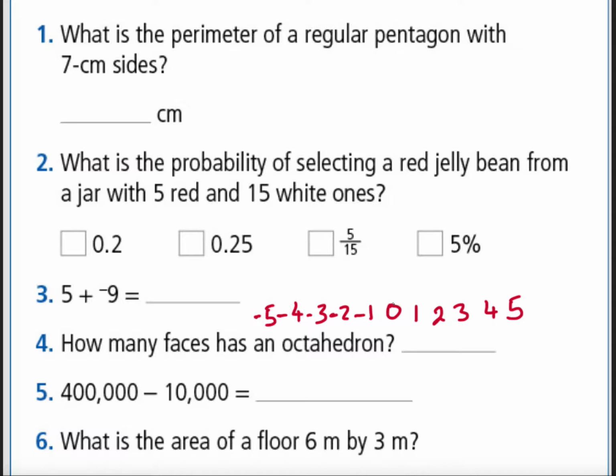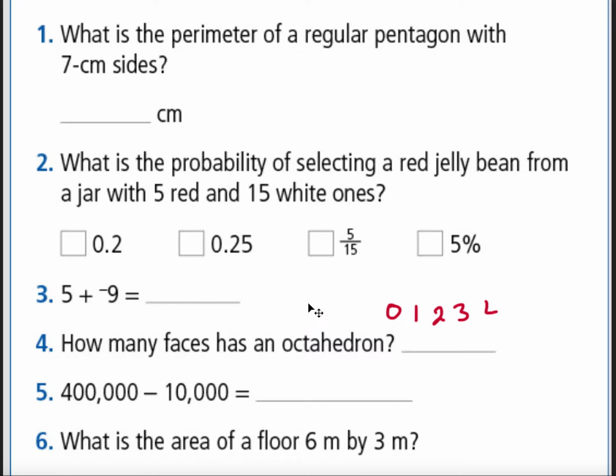So we're going to start at 0 and count on 5. We're adding on 5. 1, 2, 3, 4, 5. And then we're going to count backwards. We're going to go 1, 2, 3, 4, 5, 6, 7, 8, 9. And we're going to land down here. Okay, that'll give you your answer for number 3.